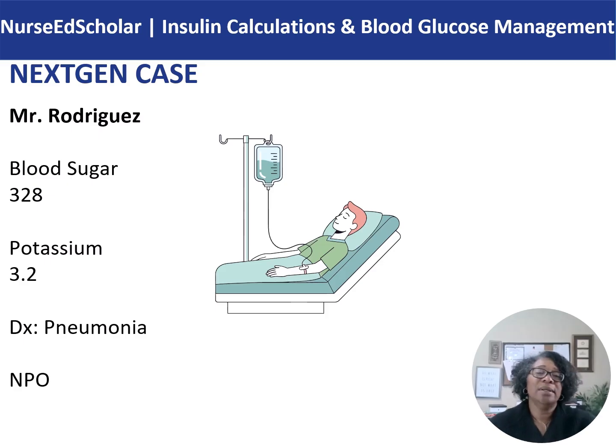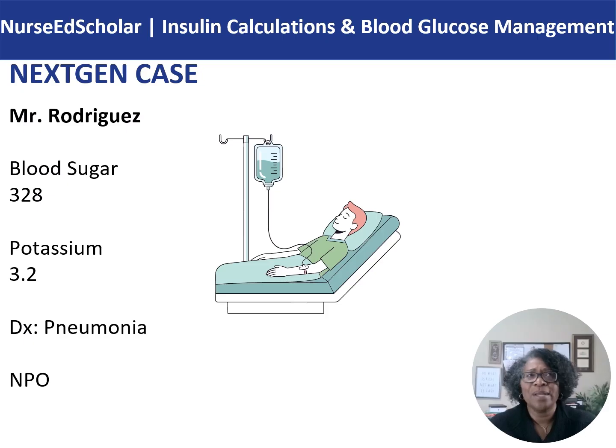All right. So let's move on with Mr. Rodriguez. You looked at the 3.2 potassium. His blood sugar is 328, and the doctor calls, and you're saying, hey, Dr. Billings, this is nurse Sally, and I'm taking care of Mr. Rodriguez, a 58-year-old man who has been admitted for community acquired pneumonia.